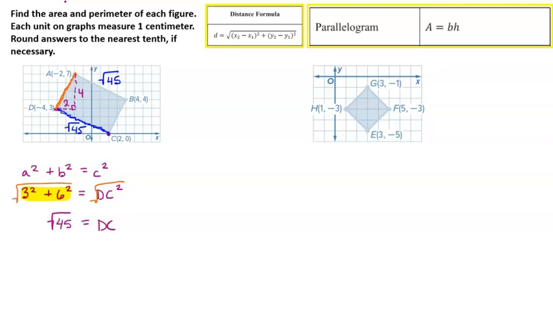And let me put DC on here. All right, and so a squared plus b squared equals c squared, and I've got 2 squared plus 4 squared equals AD squared. And then I'm going to take the square root. And I know that that's going to be 4 plus 16, which is the square root of 20.